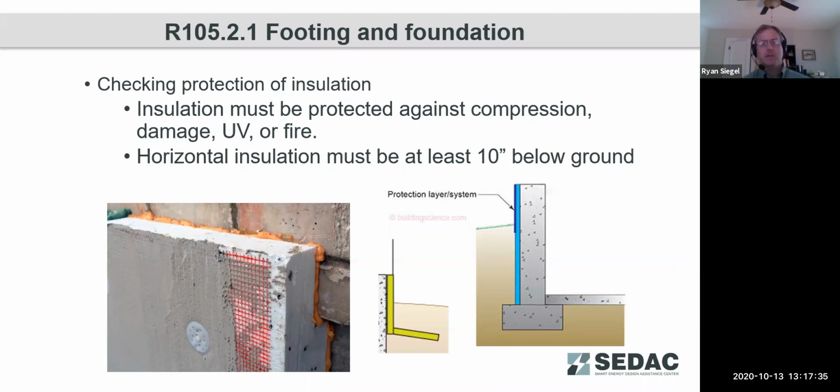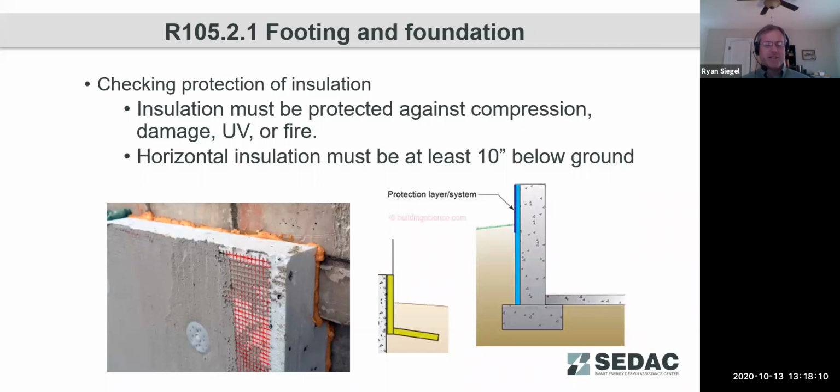And part of this physical protection is if you are going to use some of the insulation on a horizontal, first making sure that's not a compressible insulation, and second that it's at least 10 inches below ground, and that provides some physical protection. So in case someone goes to perhaps plant a plant beside the foundation, there's less likelihood that they're going to end up digging into that insulation.